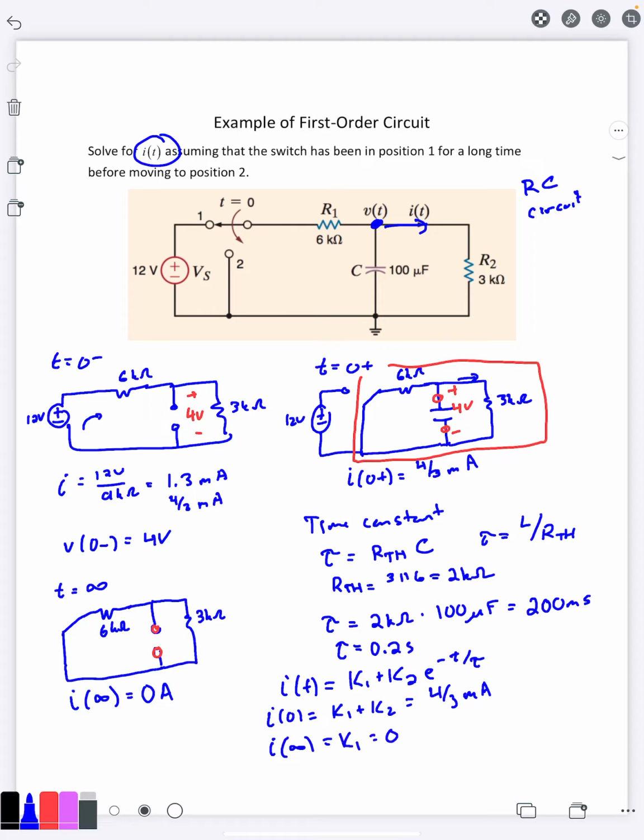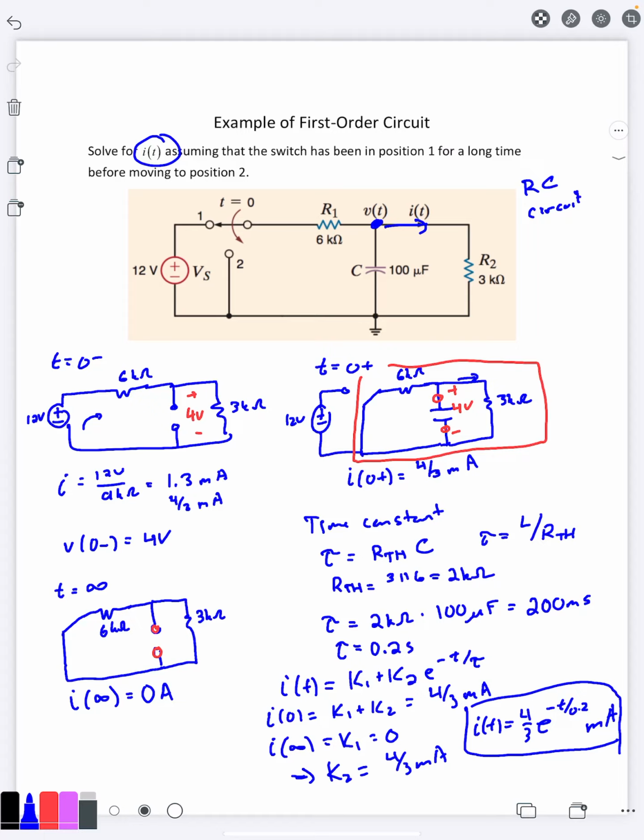So K1 is 0. Solving for that means your K2 is 4/3 milliamps. And using the tau above, we can then write our final answer here. I of t is 4/3 e to the negative t over 0.2 milliamps. And we've solved for the current through that resistor for any time greater than 0.